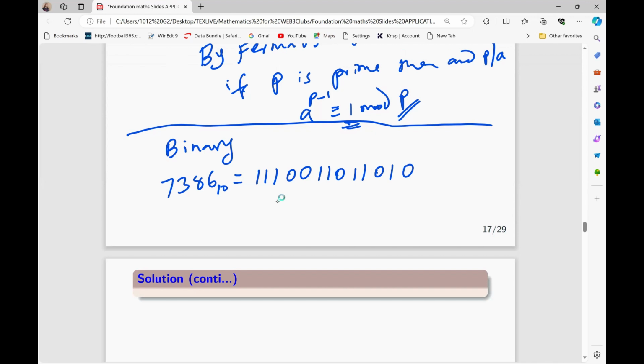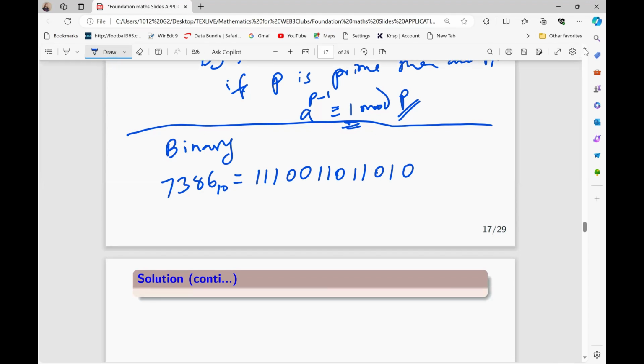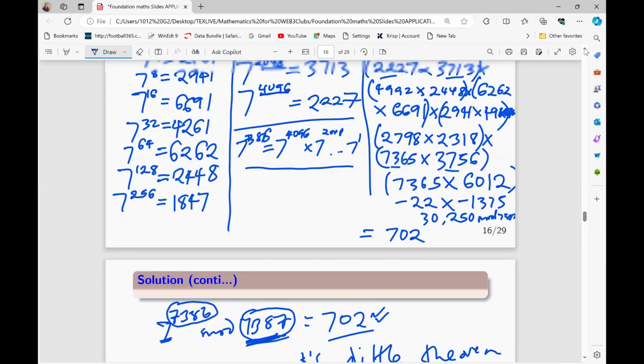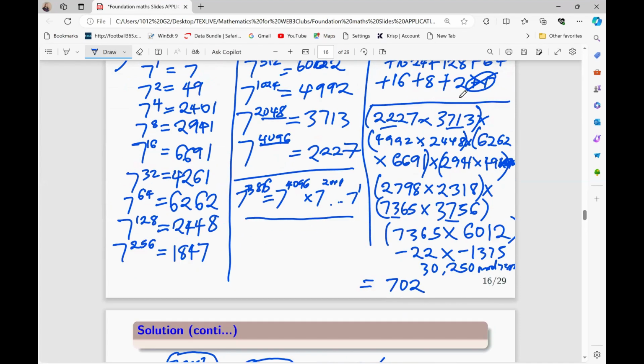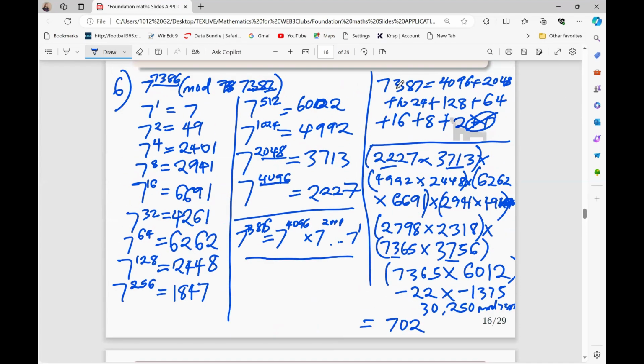While he was doing this question, there's something he did here. He was trying to find out which numbers we would add to give us the exponent at this part.